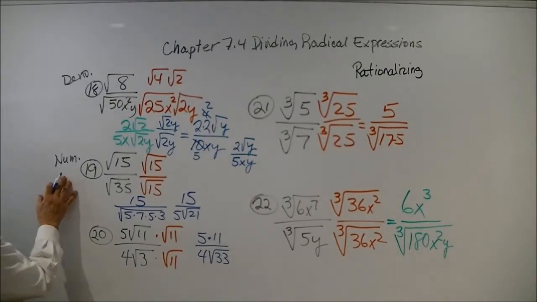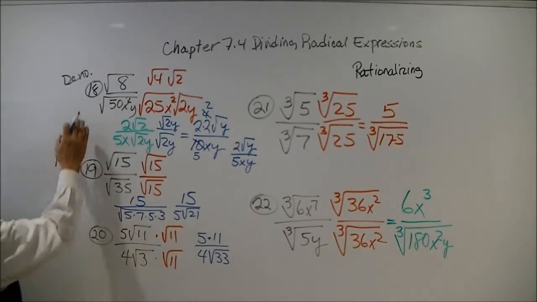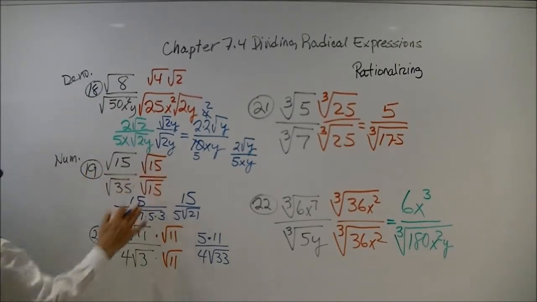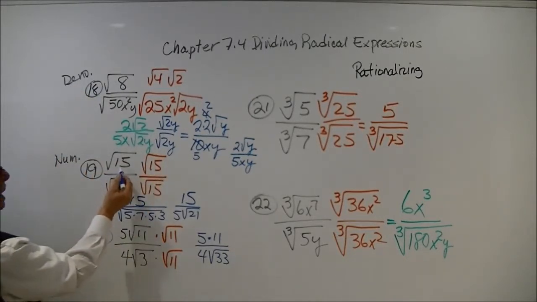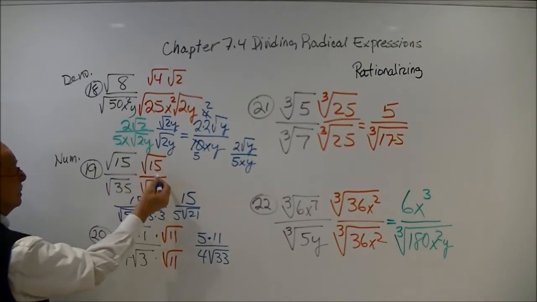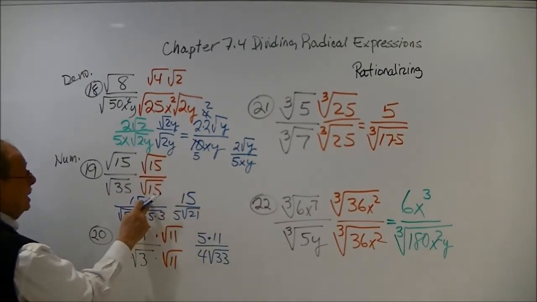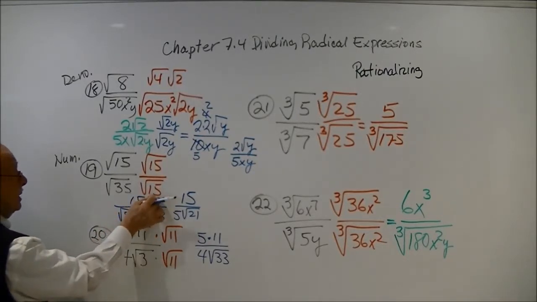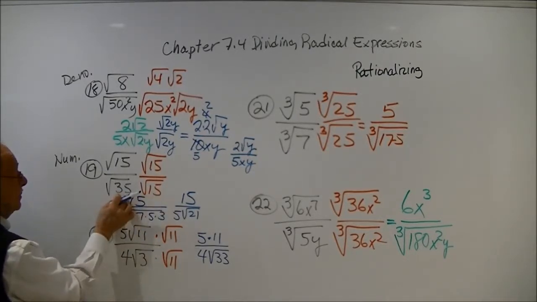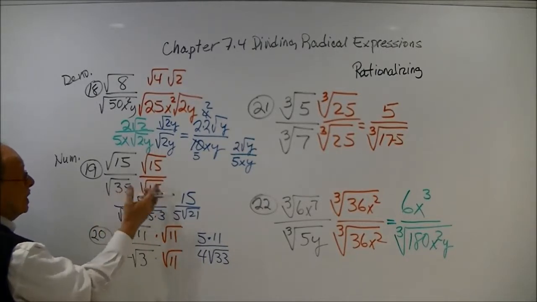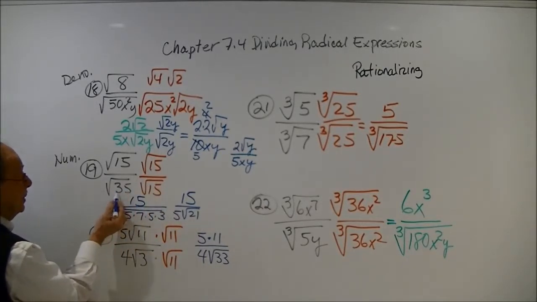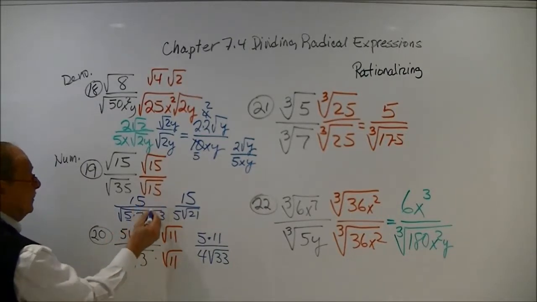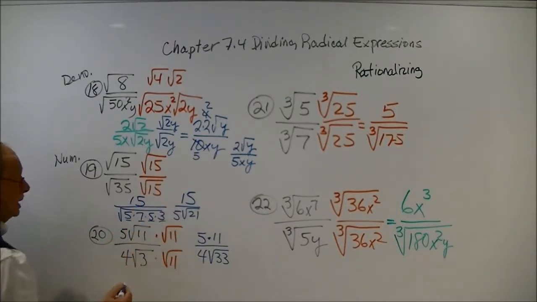Okay, here they change what they're looking for. Instead of rationalizing the denominator, they want to rationalize the numerator. So I have square root of 15 times the square root of 15 will be 15. So I had to multiply this by the square root of 15 also. But is there a perfect square in there? So what I did is I went 35 is 5 times 7. 15 is 5 times 3.